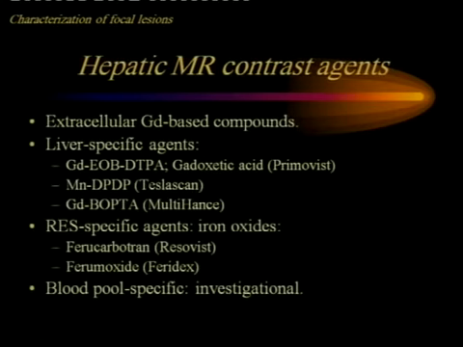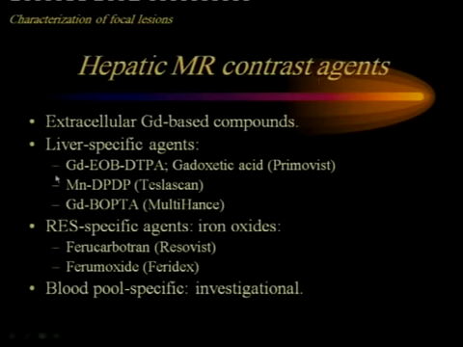The next item to mention is the use of some of the newer hepatic MR contrast agents. There's a whole variety of agents that have come out in the recent past for use in the characterization and detection of focal hepatic lesions. They're broadly characterized into the extracellular gadolinium-based agents, which we all have been using for a long time.